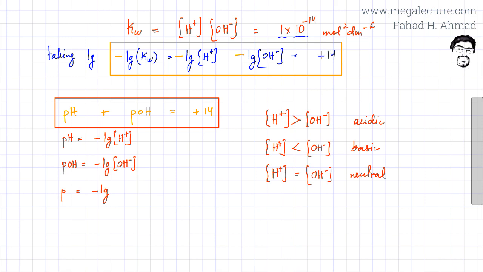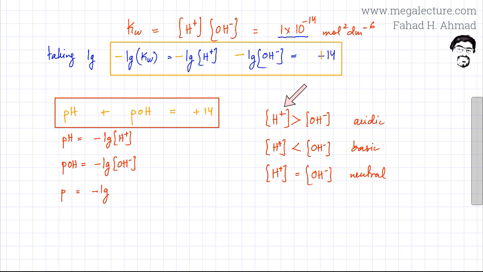So it's very important for us to measure the concentration of H plus 1, because different reactions need different concentrations of H plus 1. Some require an acidic medium. For example, the digestion reactions in the stomach, your stomach has an acidic pH. So all the reactions that are happening in the stomach or in the intestines need acidic conditions.